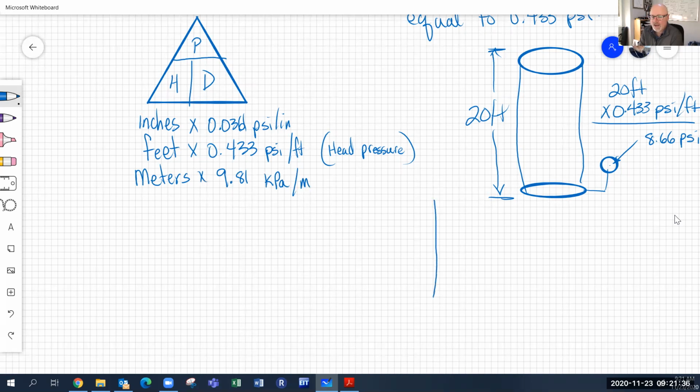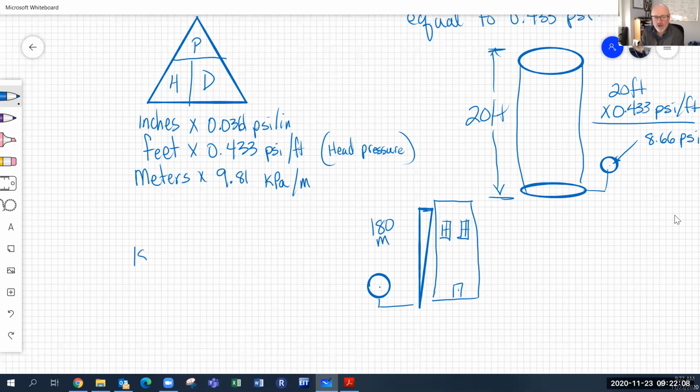So if I had a building, here's my beautiful building, and I had pressure at the top right here, and if I had this full of water, a pipe bringing water up to the top of the building, and I said that this was 180 meters, it's a pretty big building. What is my pressure gauge at the bottom going to read?